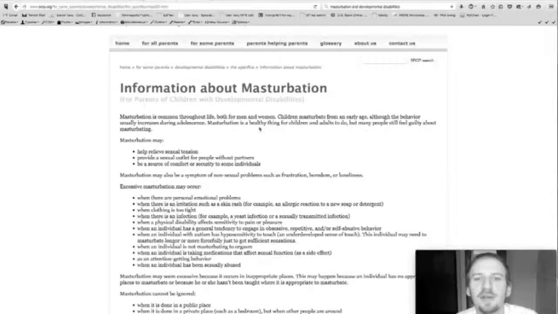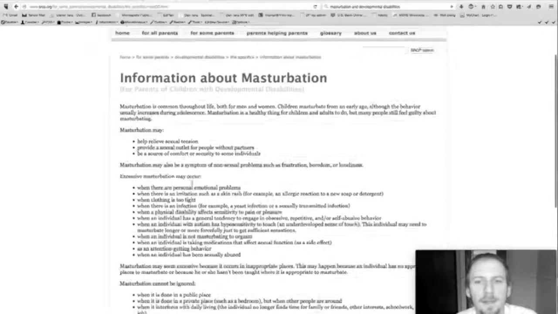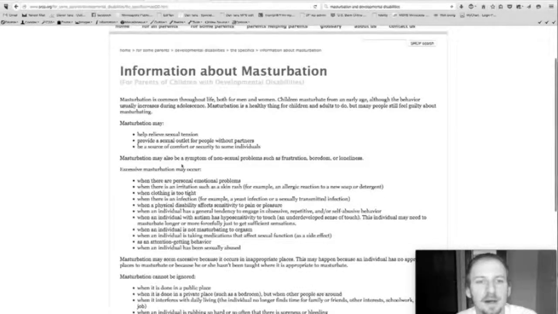Masturbation is a healthy thing for children and adults to do, but many people still feel guilty about masturbating. Masturbation may help relieve sexual tension, provide a sexual outlet for people without partners, and be a source of comfort or security to some individuals. It may also be a symptom of non-sexual problems such as frustration, boredom, or loneliness.